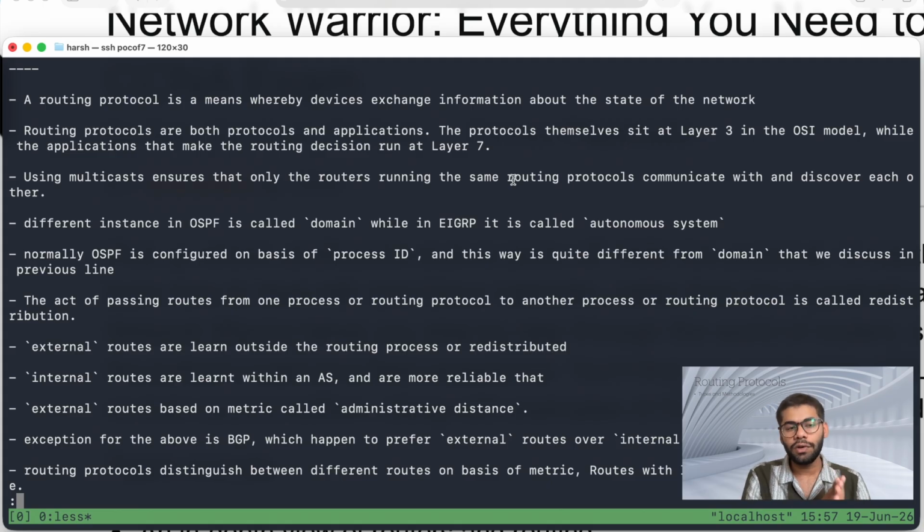Using multicast ensures that only routers running the same routing protocol communicate with and discover each other. Basically, it's a comparison of why a few routing protocols, which earlier used broadcast messages to communicate, have shifted towards multicast.